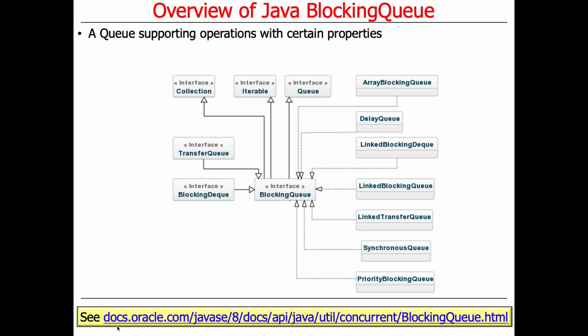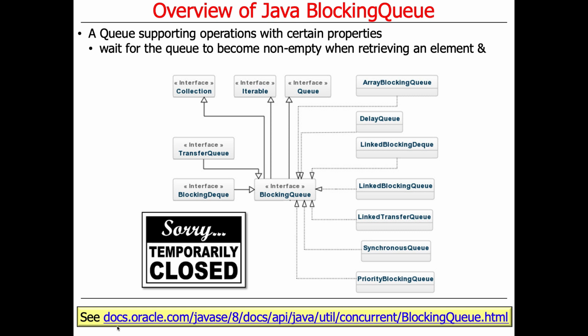And BlockingQueue then serves as the interface for other interesting classes, like ArrayBlockingQueue, LinkedBlockingQueue, and PriorityBlockingQueue. These are all examples of blocking queues in one way or another.